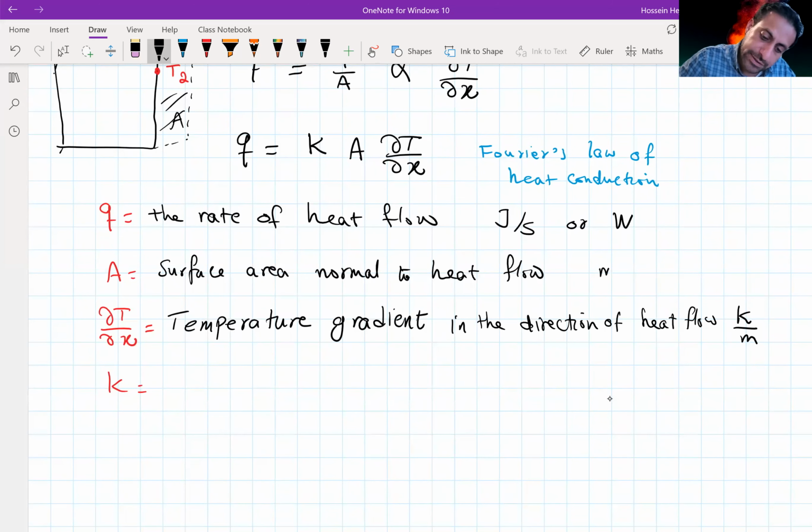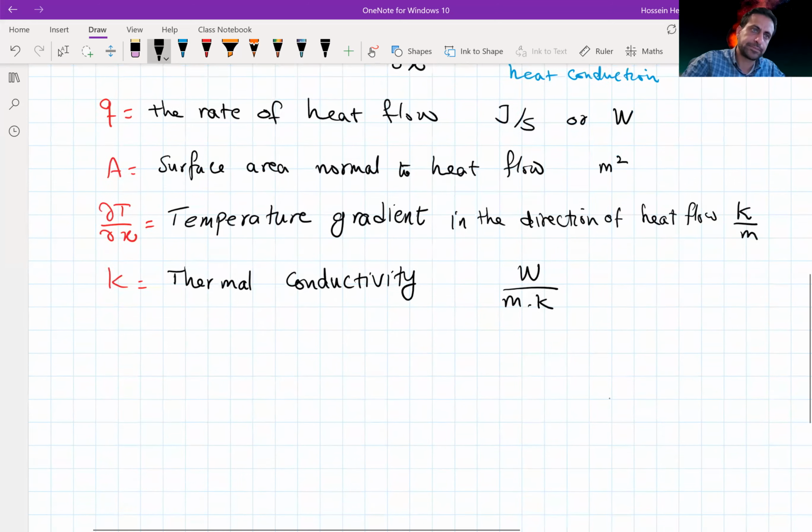Surface area has a unit of meter squared, and K is what we refer to as thermal conductivity, which has a unit of watt per meter Kelvin.